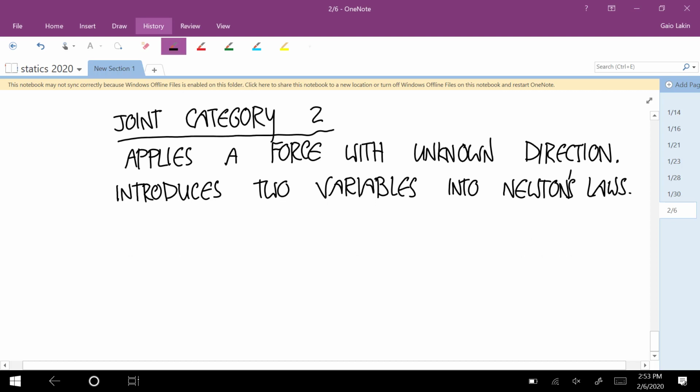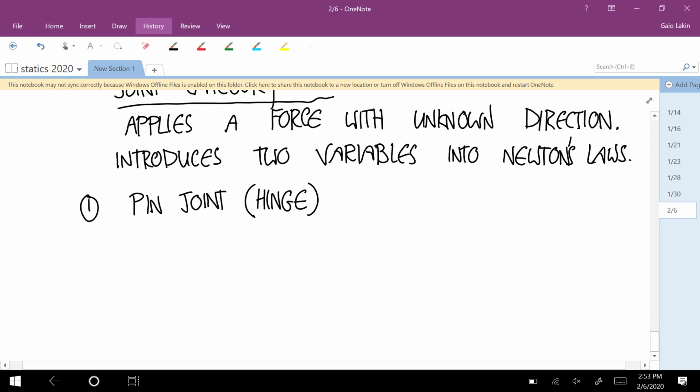Okay, so the first one of these is a pin joint, or you can think of that as a hinge. And this looks something like this, where this is body 1 and this is body 2.